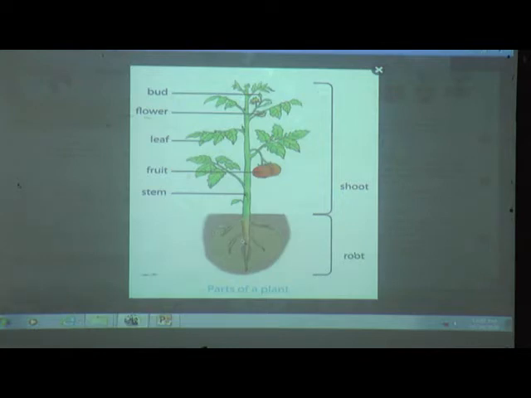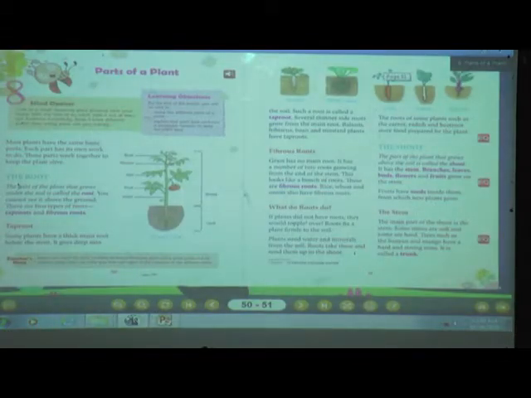In the first session of this chapter, I told you to pick one small plant to observe, because when you observe the plant you can see from here to here only, you cannot see this. It is shown in the picture for your better understanding, but this part we cannot see, isn't it? So we can see the shoot only because it's above the ground.